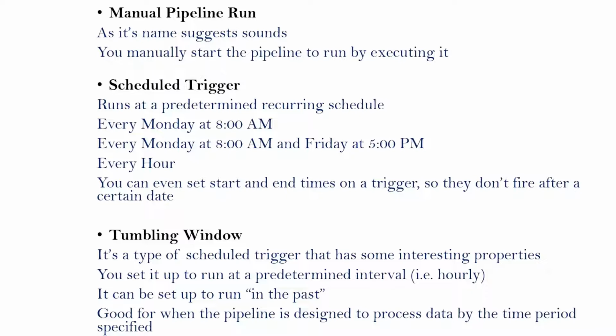You can see the type of schedule trigger has interesting properties. It can run on a predetermined interval, and you can set it to run in the past. What does that represent? Let's say I am running my job. A job is just a sequence of defined tasks; we call it a job.